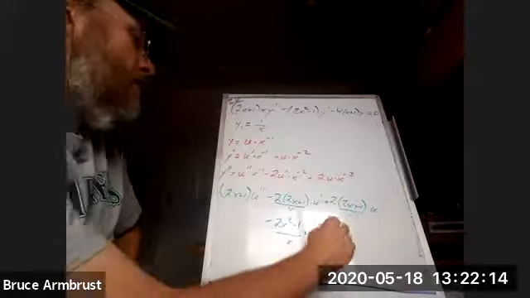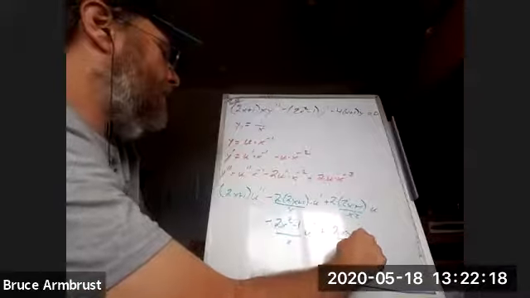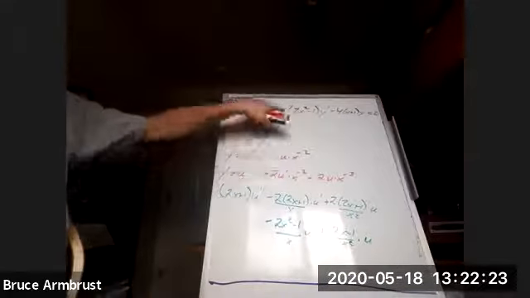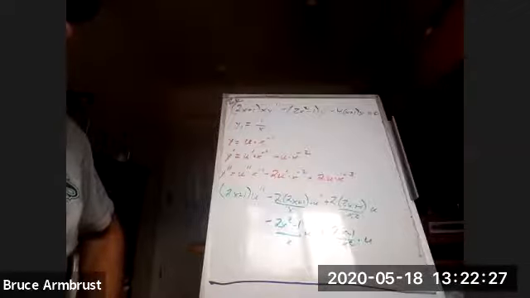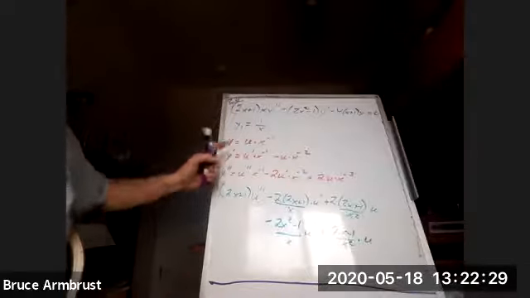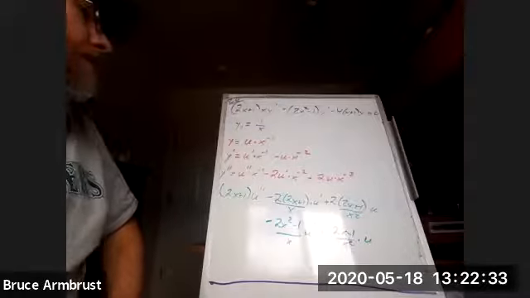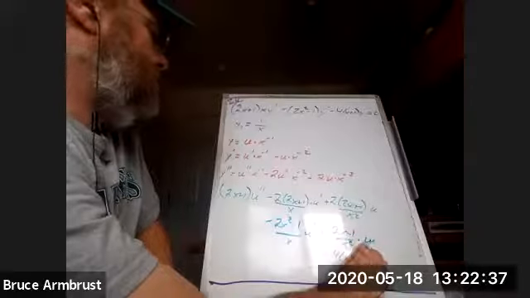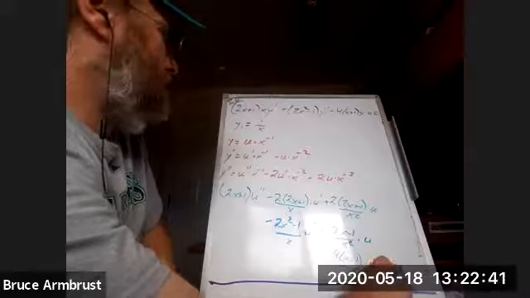And then plus 2x minus 1 over x squared times u, because of the minus minus. And then lastly, we do the minus 4 times x plus 1 times y. So that's going to give us a minus 4 times x plus 1 over x times u.